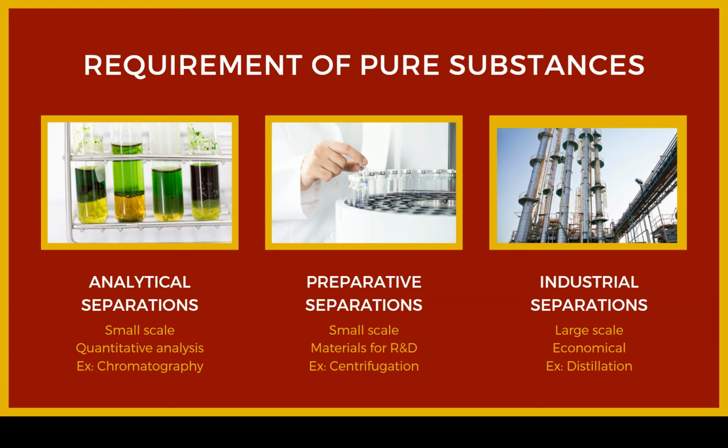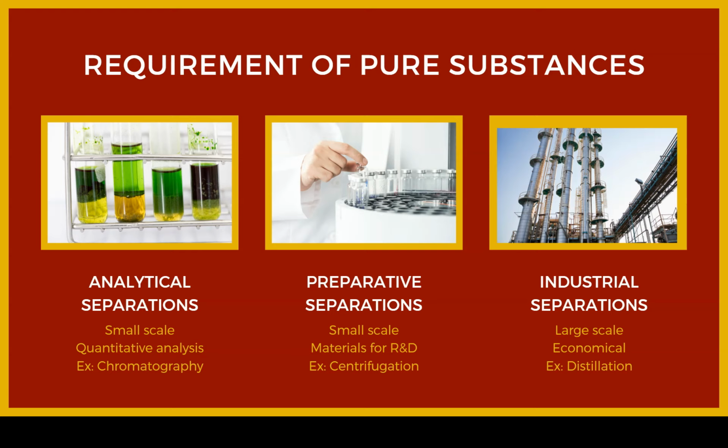There are many reasons or requirements for pure substance, from the small scale until the large scale. For example, in small scale, you have your analytical separation, where you will conduct your chromatography and you need to separate your samples.